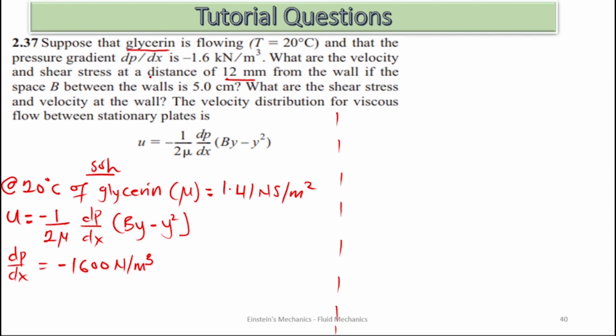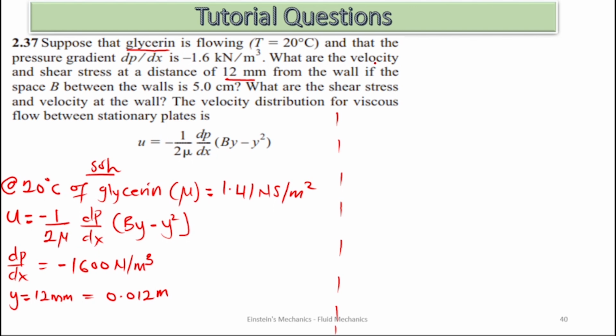What is the velocity and the shear stress at a distance of 12 mm? We are given a certain distance, which is our y from the wall, of 12 millimeters. Can I convert that to meters? Yes, which is 0.012 meters. We've gotten all our parameters. But remember, this question is twofold.